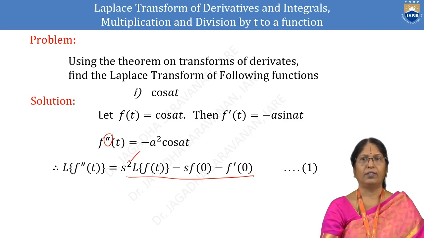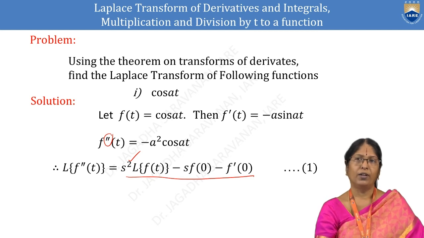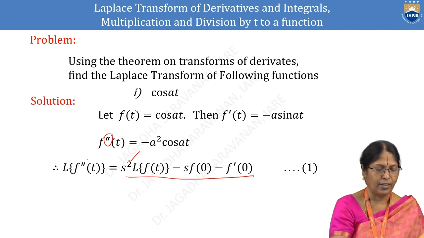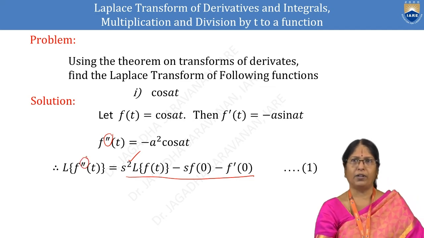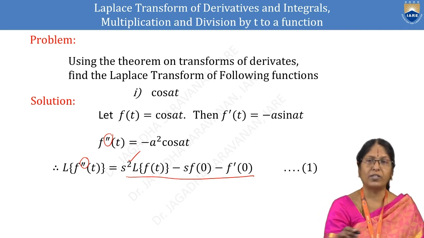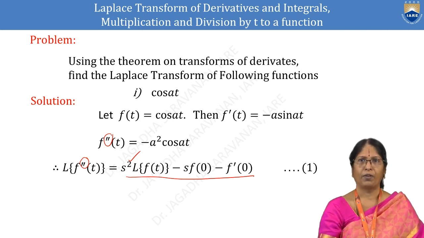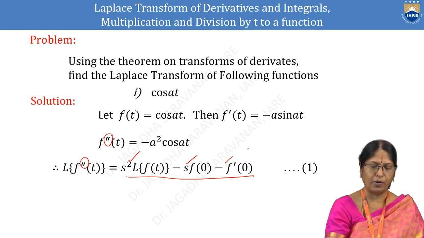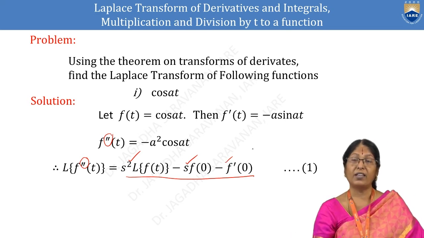Whether we have written the formula in a correct way or not, how can we check it? If it is 2 times differentiation, then we will start with s squared. If it is the third derivative, we will start with s cubed. Fine. S square, s power 1, then s power 0. The powers of s will be in decreasing order.